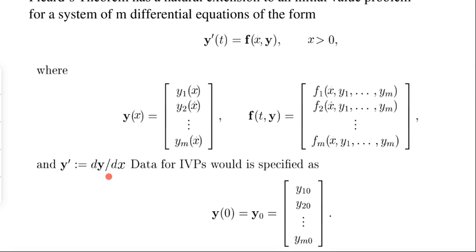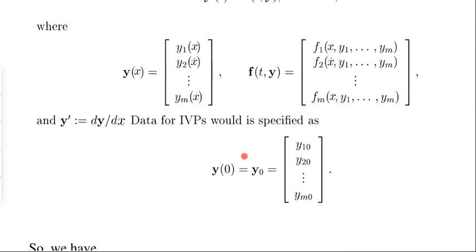For this vector equation y prime equals f of x and y, we have this initial condition: y at x0 equals y naught, equals this vector y1 0 up to ym 0.